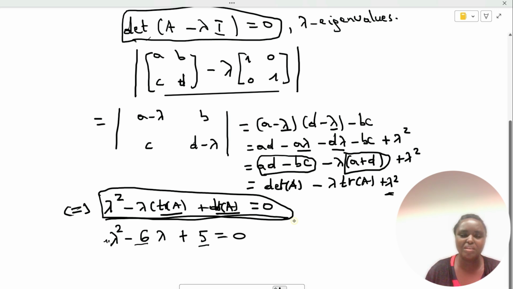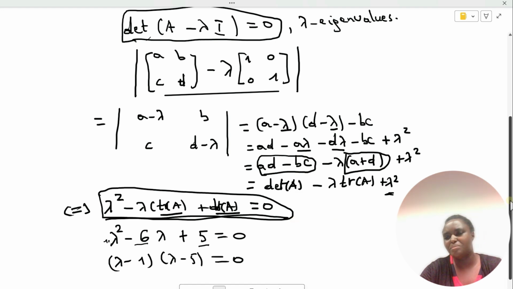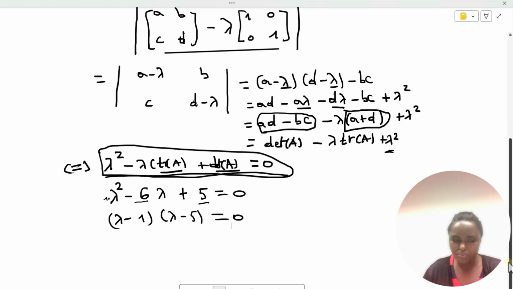Those numbers are minus 1 and minus 5. So we have lambda minus 1 times lambda minus 5 equals 0. Then lambda equals 1 or lambda equals 5.